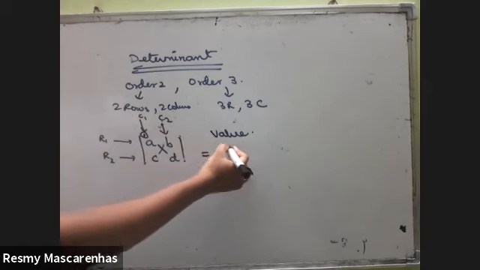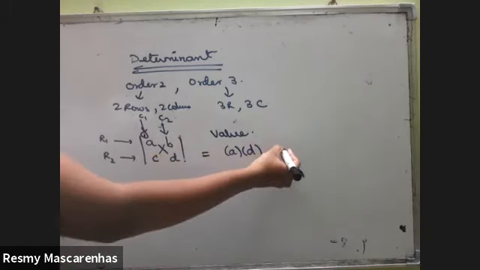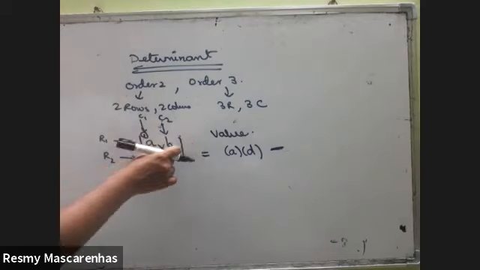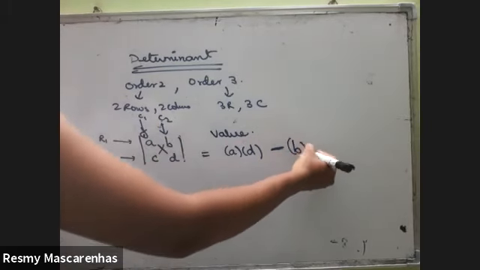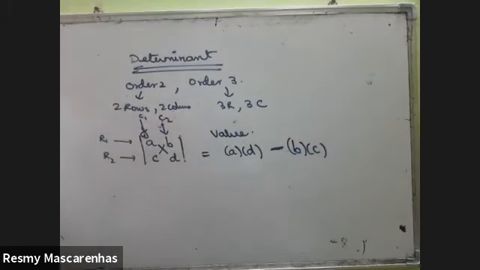So your value is A multiplied with D. Middle sign is always minus, remember that. And then B into C. Cross multiply. Whether you do C into B doesn't matter. But this diagonal first and then this. So middle sign is minus and then cross multiply.